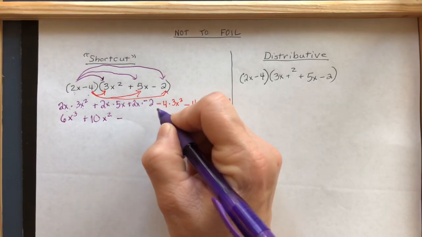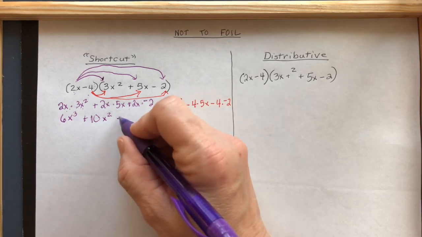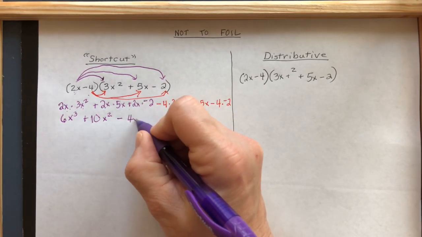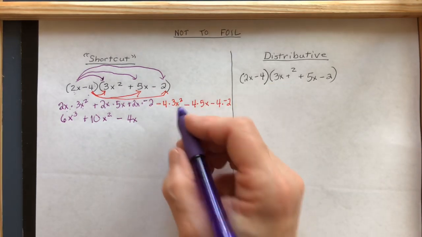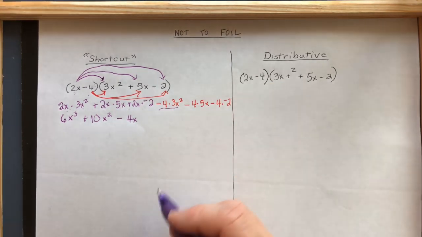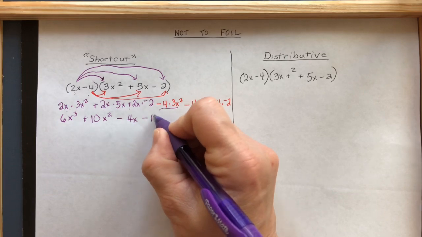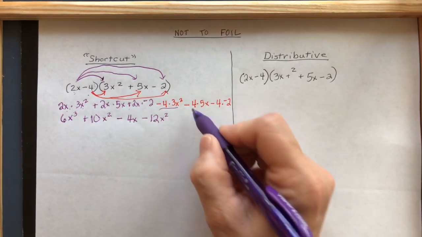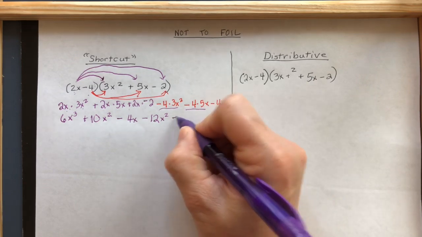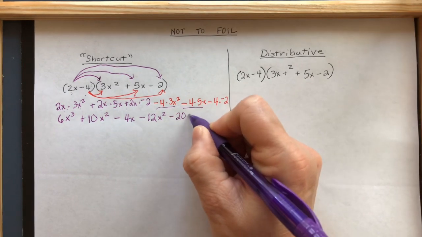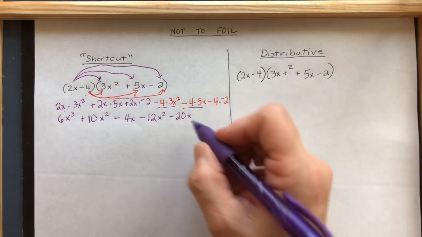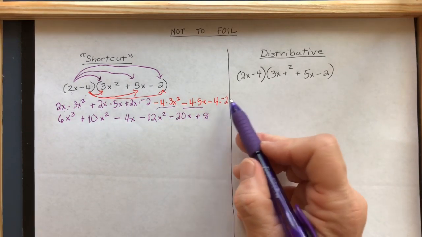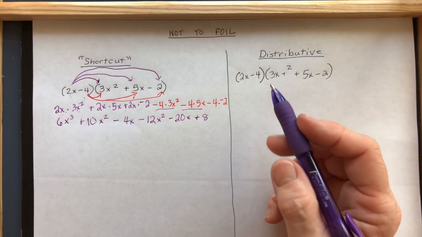Minus, because it's a minus 2 here, and I could say plus a negative, and that would be the same thing. Minus 4x. Now this one, minus 12x squared. Now this one, minus 20x. And this last one, plus 8. Because negative 4 times negative 2, that's a positive.